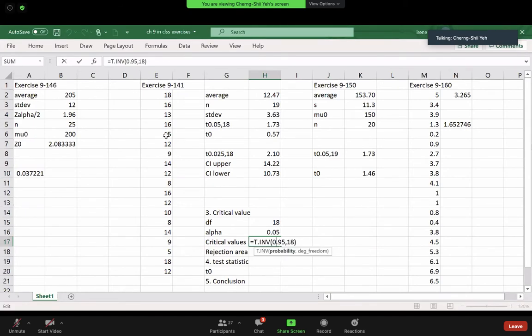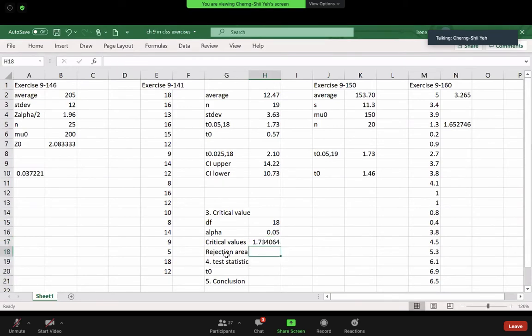Probability is my alpha. I also have the degrees of freedom. What I don't have is that critical t-value. So I'm going to input the probability, and here I've entered the cumulative probability. Right? The degrees of freedom is my sample size 19 minus 1. That gives me my critical value. Okay?